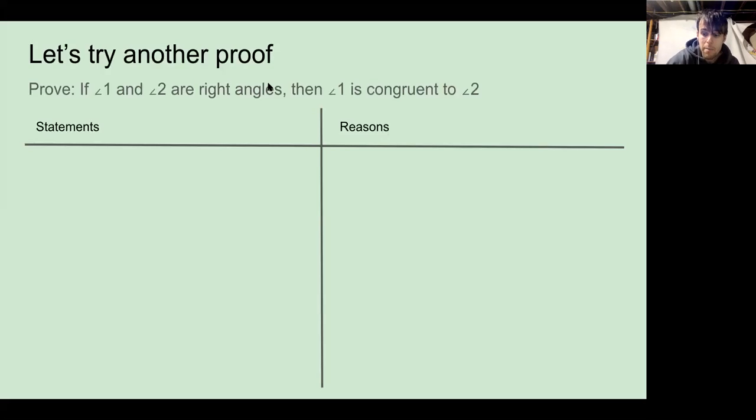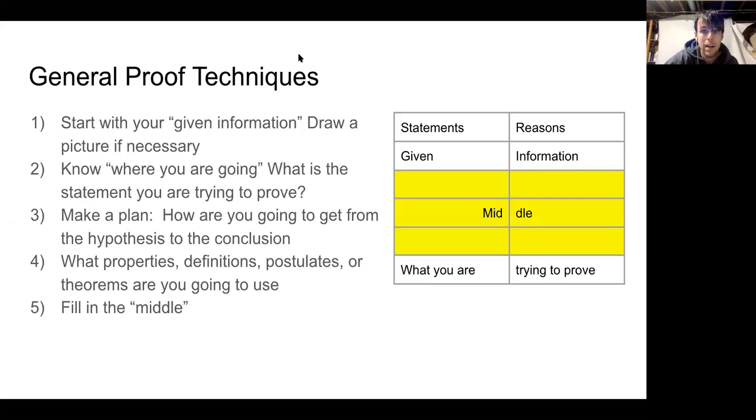Generally, to make things simpler, if I have multiple pieces of given information, so if our hypothesis has multiple parts to it, or another way that proofs will be structured is you'll just be given several statements that are true, I just like to list all of the given information at the beginning. However many steps that takes, it can be multiple steps if there's lots of given information, or it could just be one. It just depends.